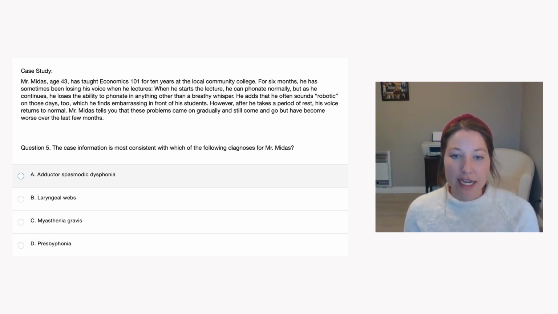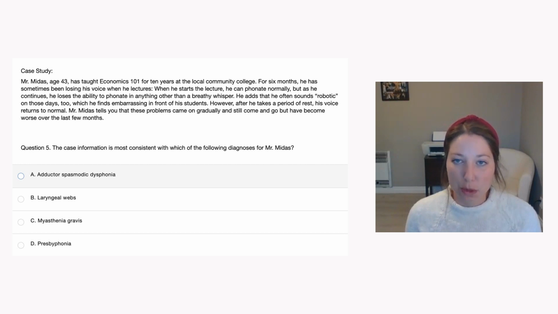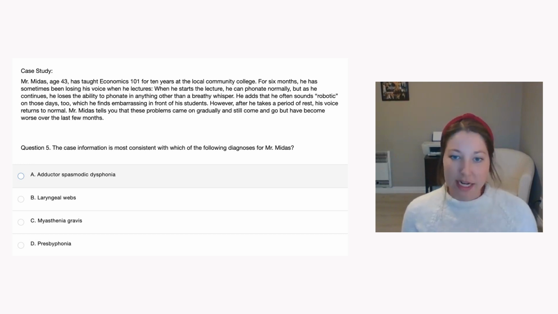Another clue in this scenario is that he sounds robotic on these days. So he doesn't have a lot of variation in his pitch. And then after a period of rest, his voice returns to normal. So when he takes a break, his voice comes back. And these problems can come and go.